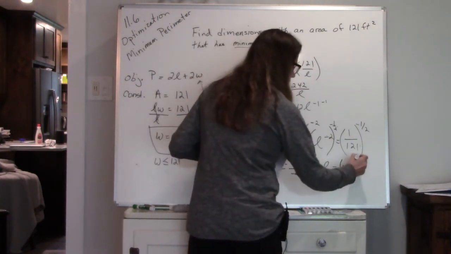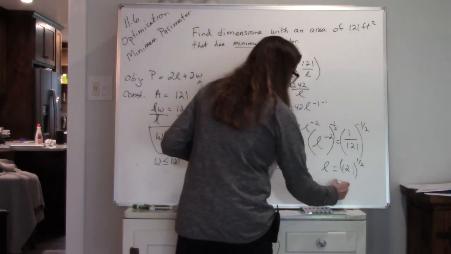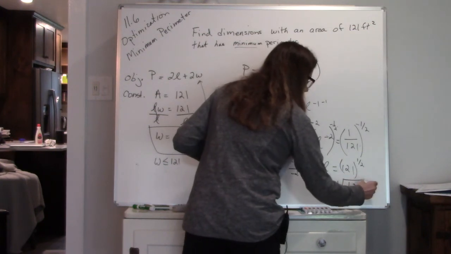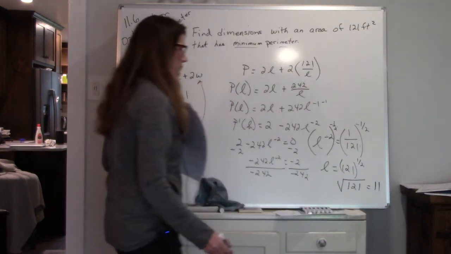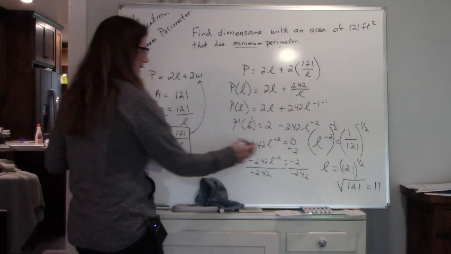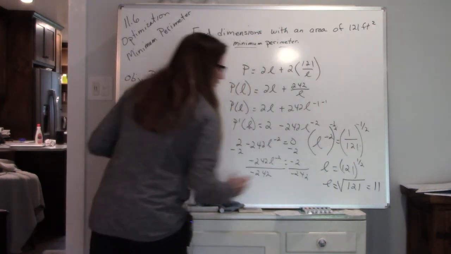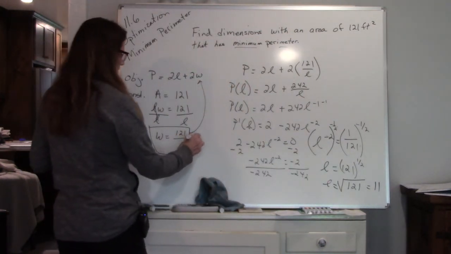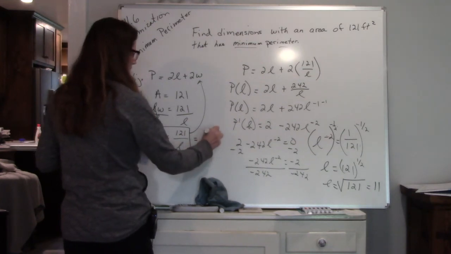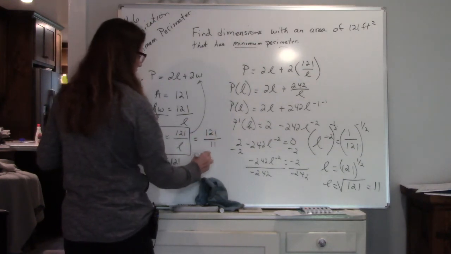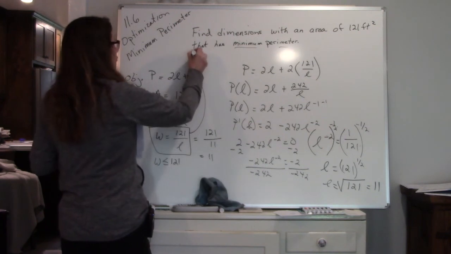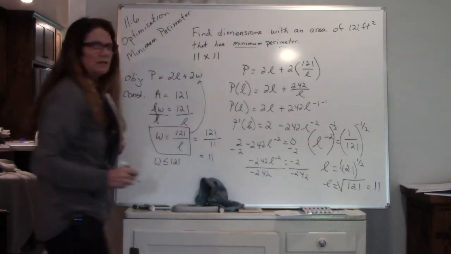So 121 to the 1/2 power is the same as the square root of 121, which is 11. So my length, this was my length, equals 11. So to find my width, it's 121 over 11, which is also 11. So the dimensions are 11 by 11.